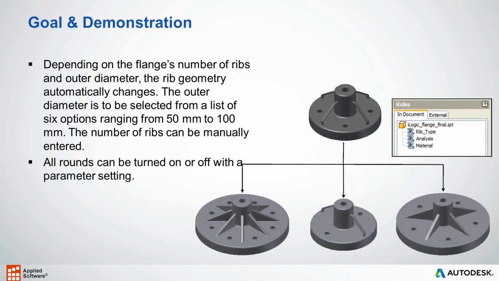In addition to that, we want to set up a rule that all rounds can be turned on or off with a parameter setting. And this could be for the possibility of sending this part to our FEA capabilities with Inventor.